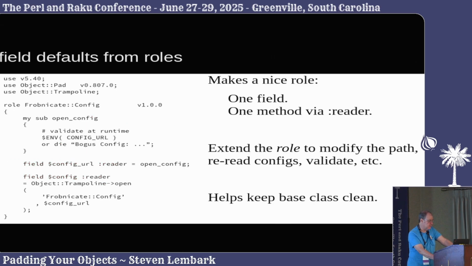The nice thing about doing that is once I've put that definition into a role, if I need to expand the capabilities, let's say I want to be able to open or read, I want to reset something, I can start merging that into the role without having to modify the class. So I can add functionality that I need without having to hack the class every time.